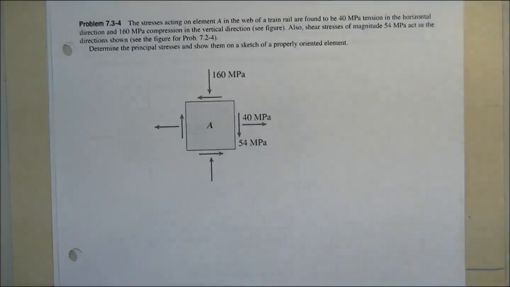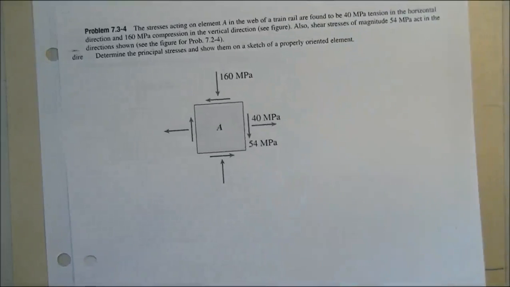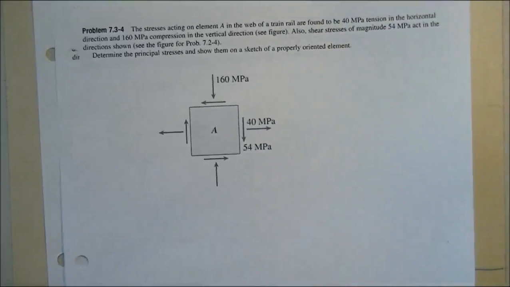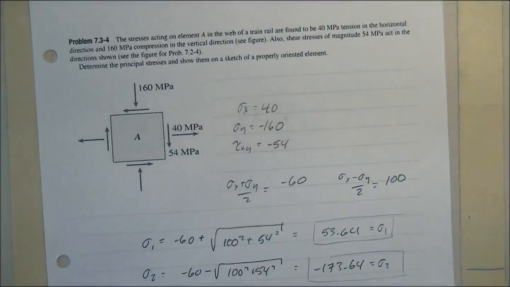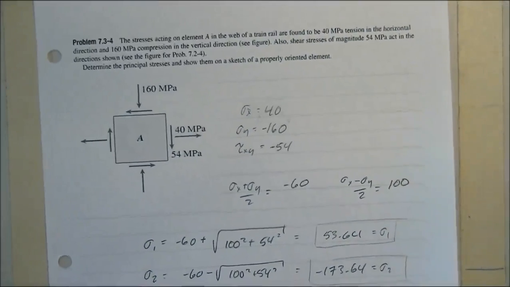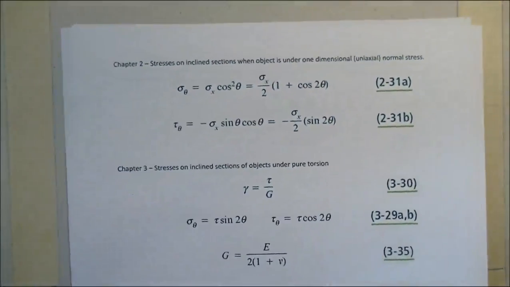Again we did a couple of examples of that. Here's one that has both sigma x and sigma y and some shear, and we did that problem in class. That led us up to Mohr circle, which we did some exercises on, and that leads us up to a summary of all the equations that we've been using.